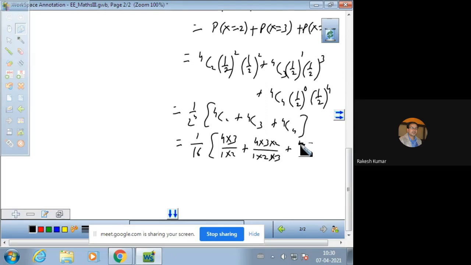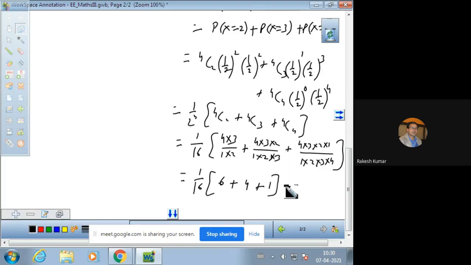And how is it 1? Because 4, 3, 2, 1 over 1, 2, 3, 4, so this will come out to be 1. So 1 over 16, this is a 6, this is a 4 and this is 1. And ultimately it comes out to be 11 by 16. So this is your required probability when x takes the value greater than 1.